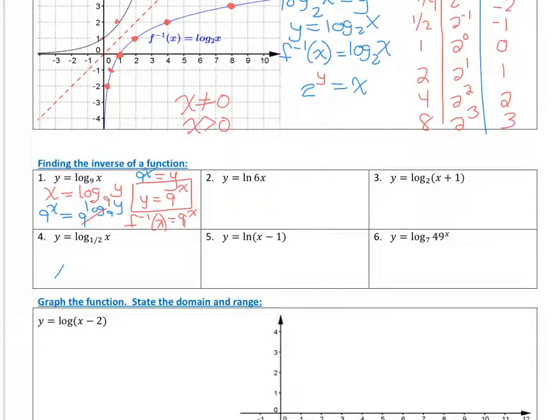Number 2, y equals the natural log of 6x. And again, we're going to put x where y is, and y where x is. Okay. Remember, the natural log has that invisible base e. How do we undo or free up that y? We're going to solve for y. We undo that natural log with an exponential base e.